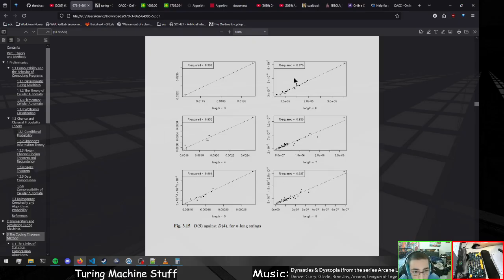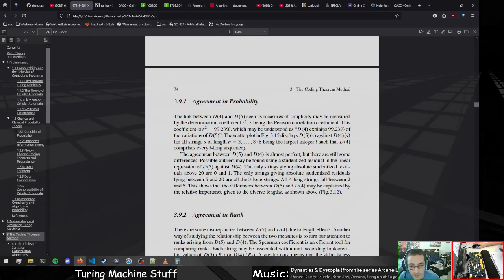They're very aligned, basically. That's cool.